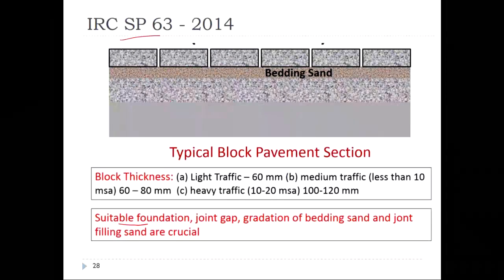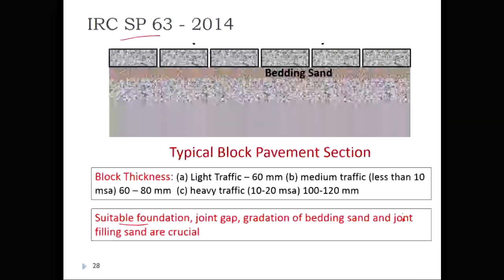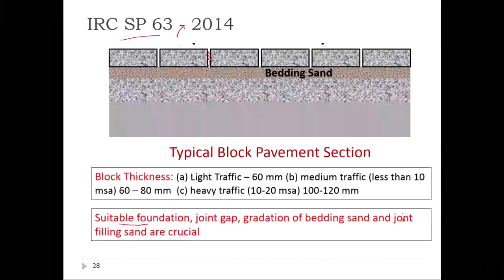And the gradation you follow for the bedding sand is very important, because bedding sand is expected to mobilize some amount of interlocking, and the jointing sand, which we place along two blocks, is also important because when a wheel load comes here, it is expected that the neighboring block also participates in the load carrying.